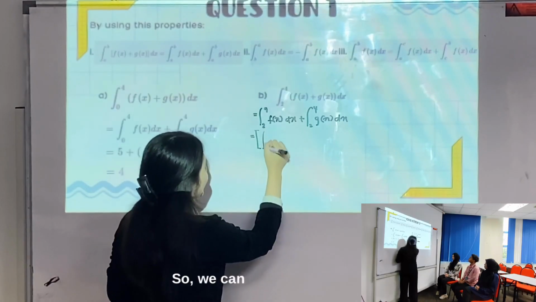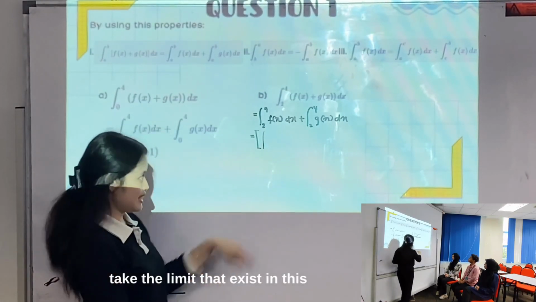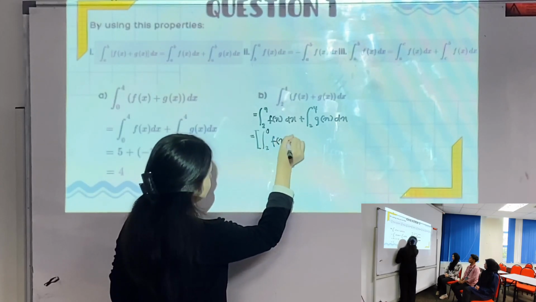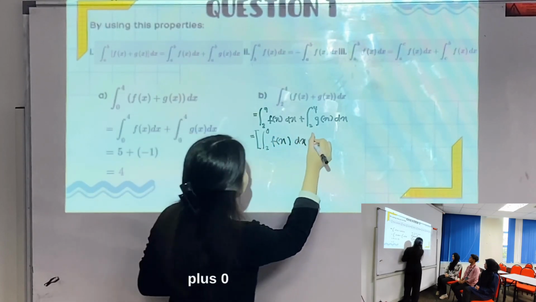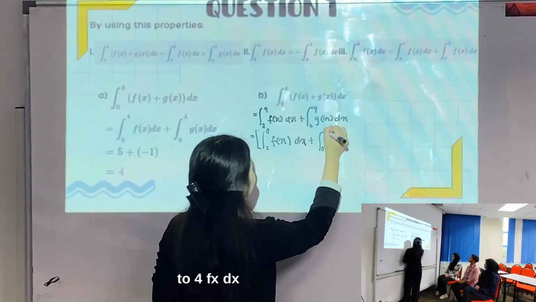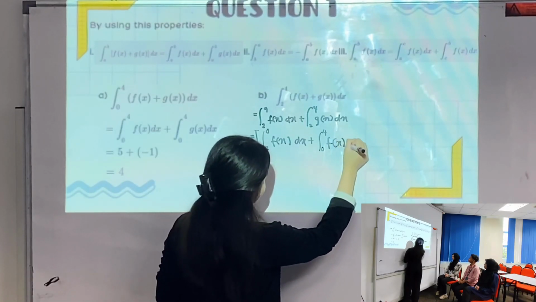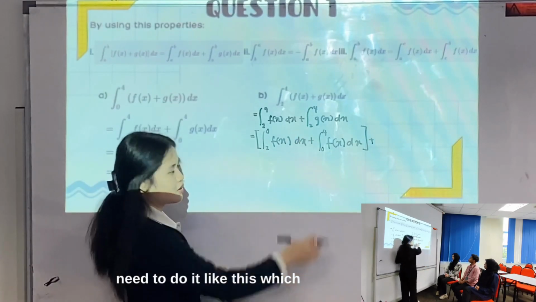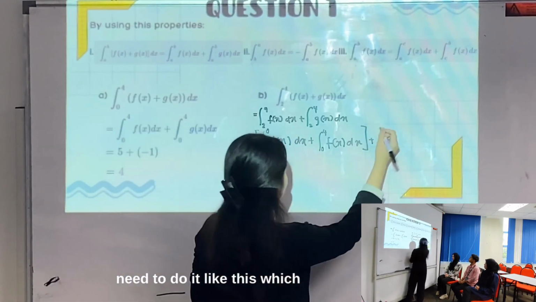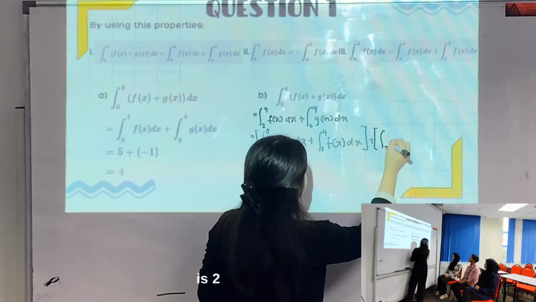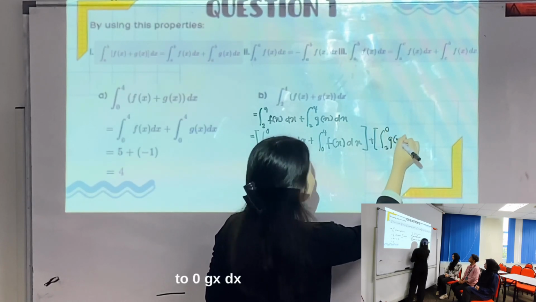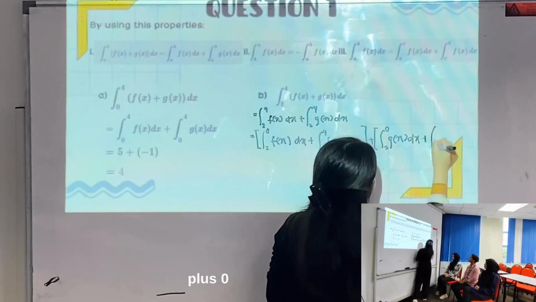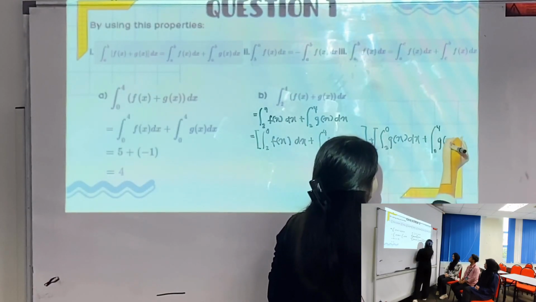So we take the limit that exists in this question, which is 2 to 0 of f(x) dx plus 0 to 4 of f(x) dx, and the same for g(x): 2 to 0 of g(x) dx plus 0 to 4 of g(x) dx.